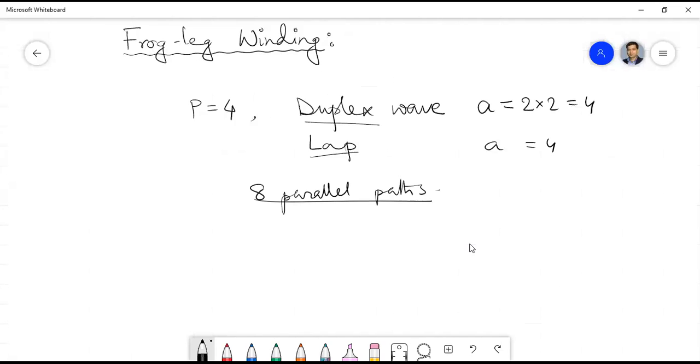Now, one more thing I want to point out here. Sometimes there are some slot or coil side positions which, by the design, cannot be filled, and generally you cannot leave them vacant. So what it does, a dummy coil or dummy winding is placed in that position.